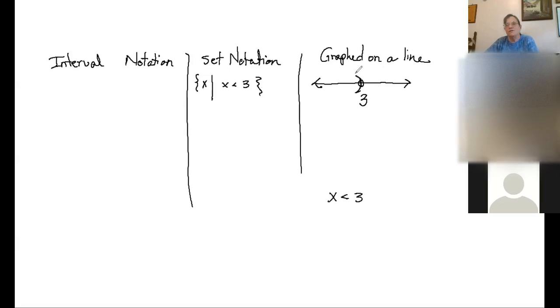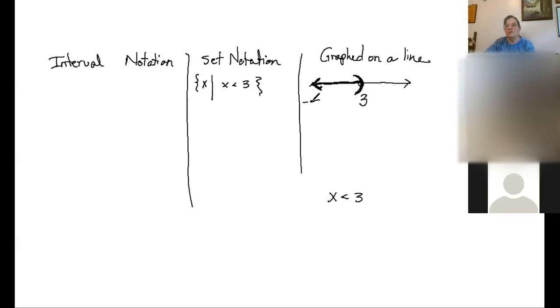This book uses a parenthesis in the case of a less than as opposed to a less than or equal to. And you just color in this part of the line. So this on a line shows all the numbers less than 3.